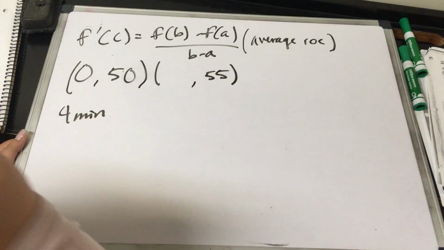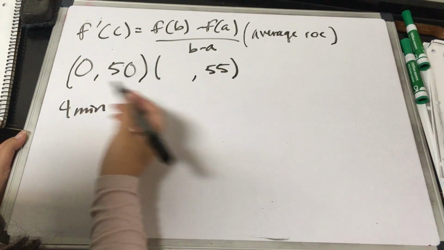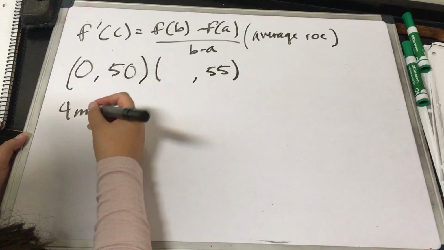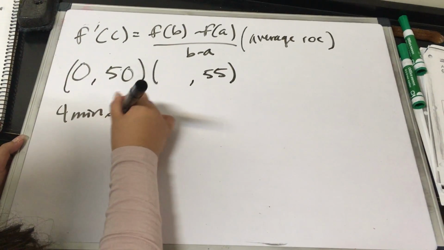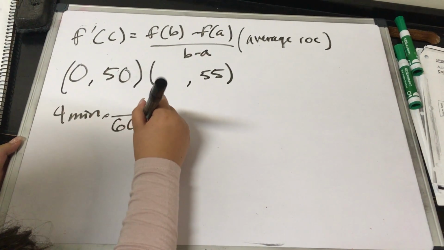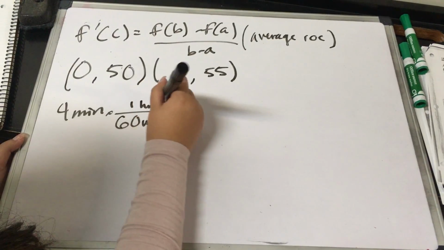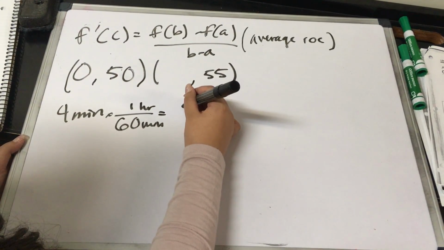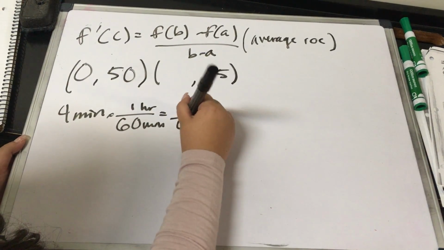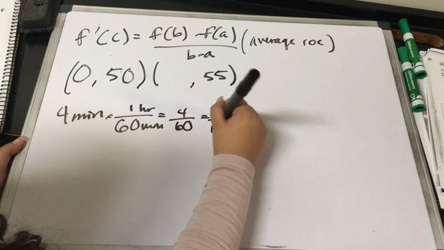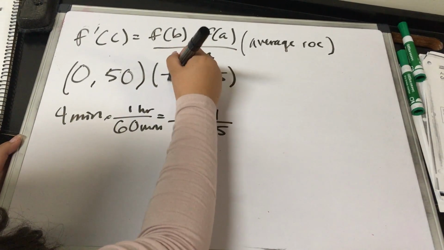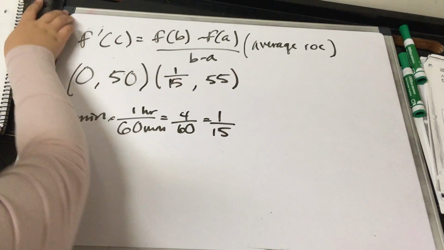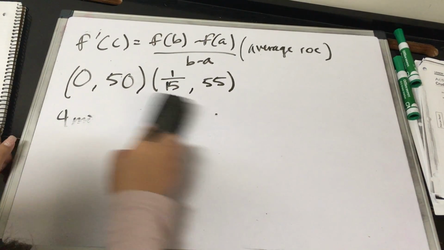If we're measuring in miles per hour, we need to convert the minutes to hours. So 4 minutes times 1 hour over 60 minutes, some stoichiometry for you, you will get 4 over 60, which will give you 1/15 of an hour. So we got that part.